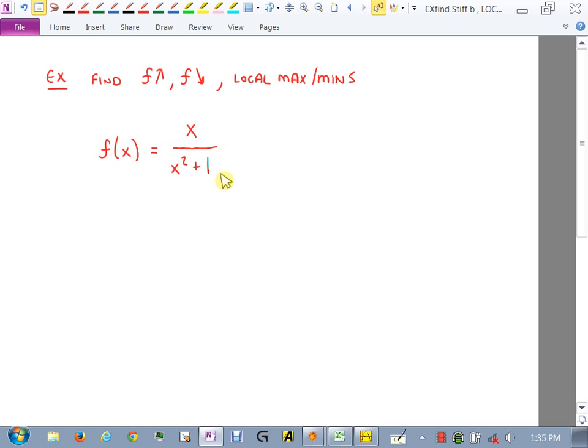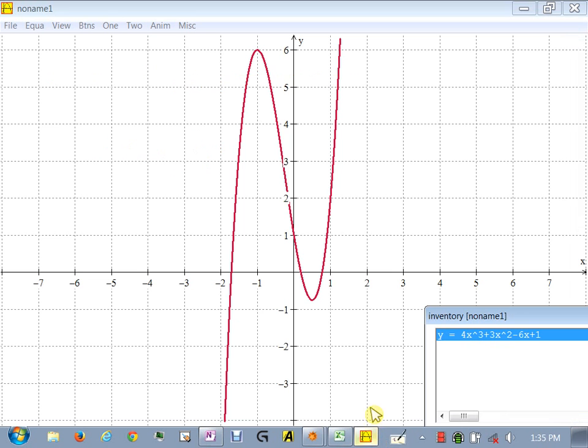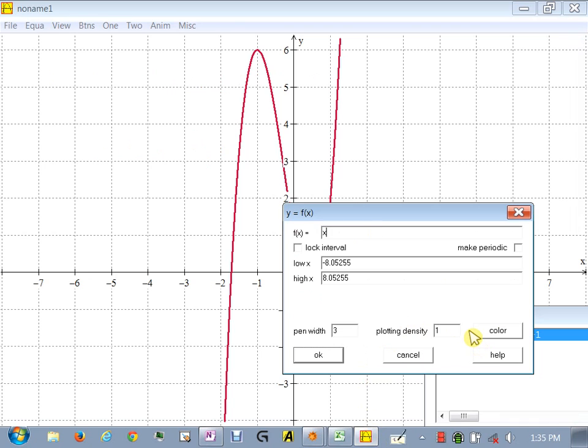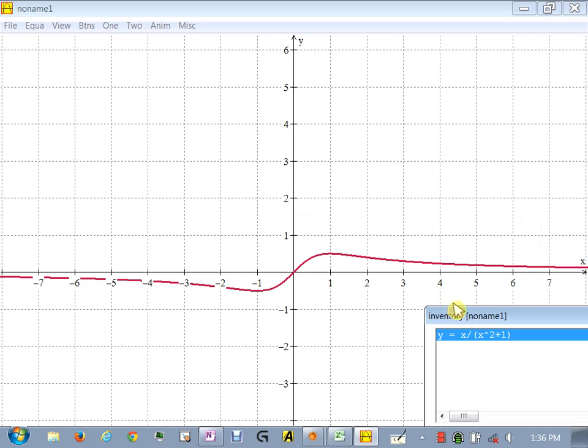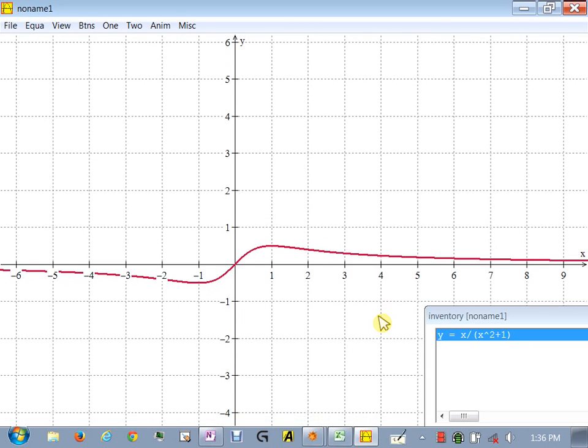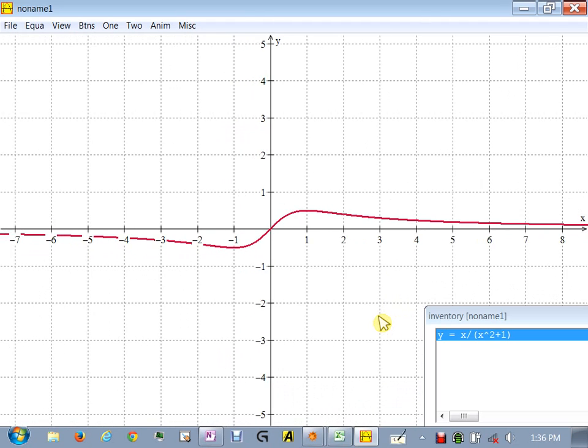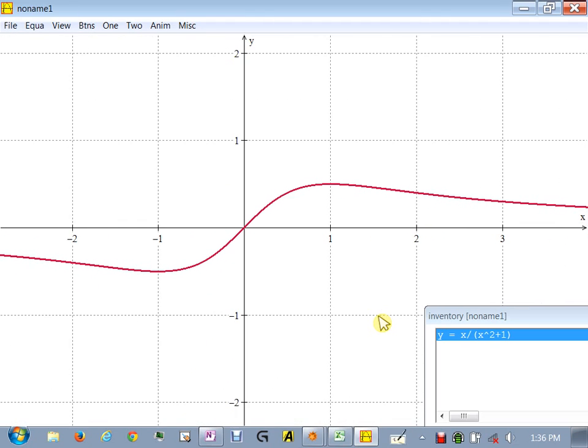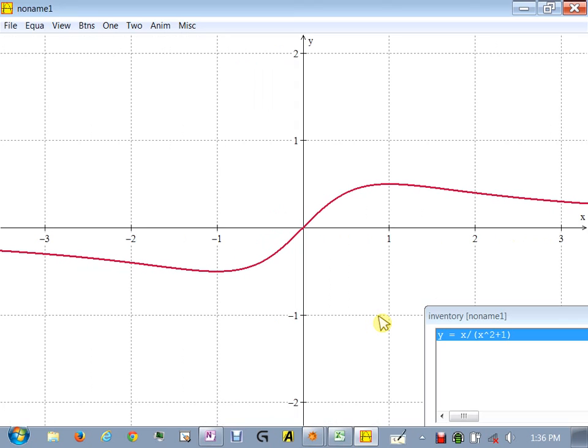X over x squared plus 1. Let's look at it first. There's the graph. So what does it look like happens here?